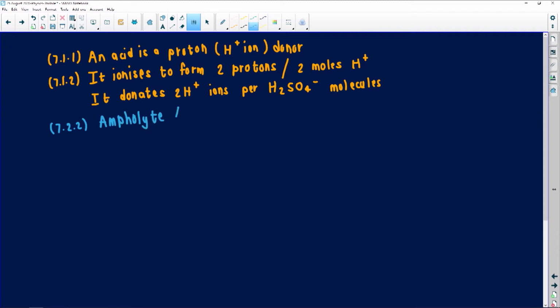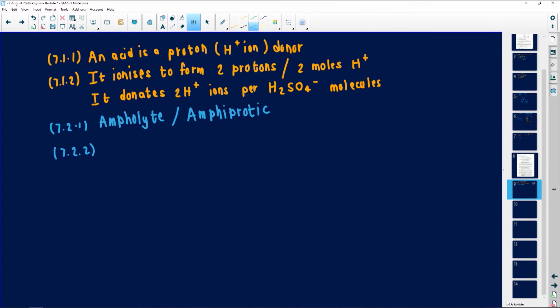Some people actually even use amphoteric. You can use this one. I use mostly the first one in my classroom. So this is 7.2.1. Let me just number that correctly. Now let's go to 7.2.2. Let's look at it here.